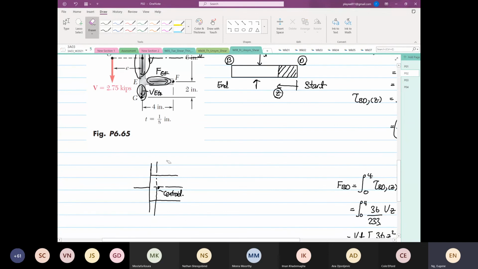The force is exactly acting on the centroid. So we know that this thing will twist this way, yes or no? This is going to be the twist. Am I right? Okay, so that's a twist. When there is a twist, the shear flow will counter it. So this is our shear flow.